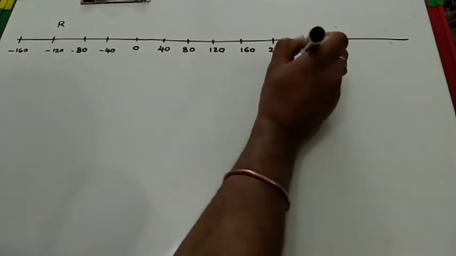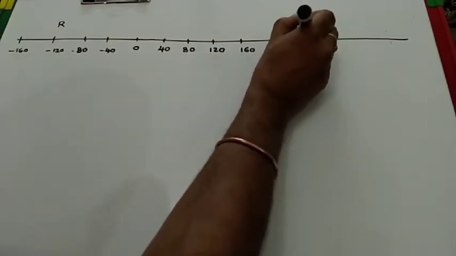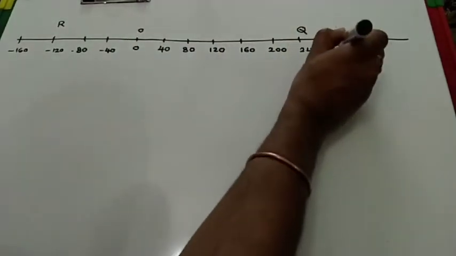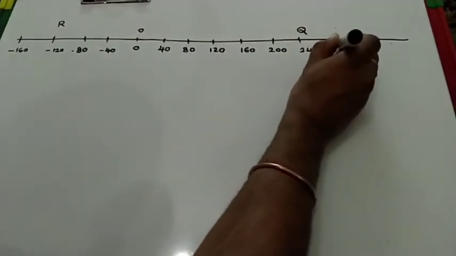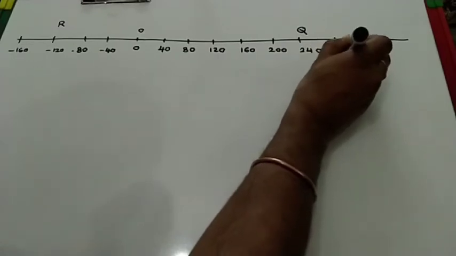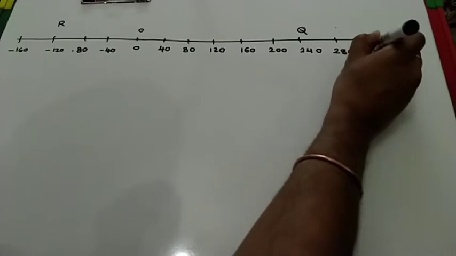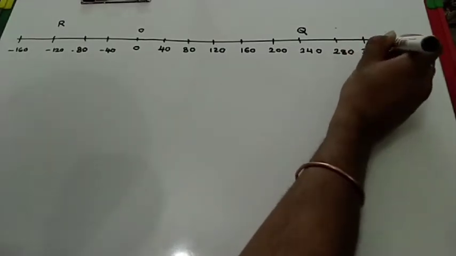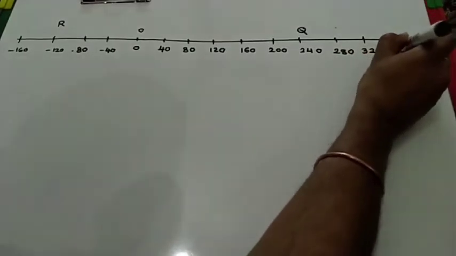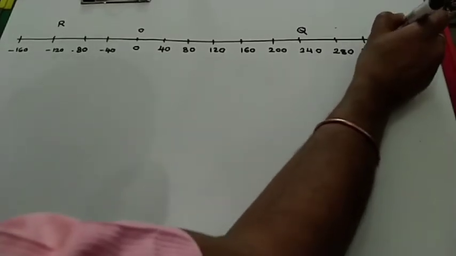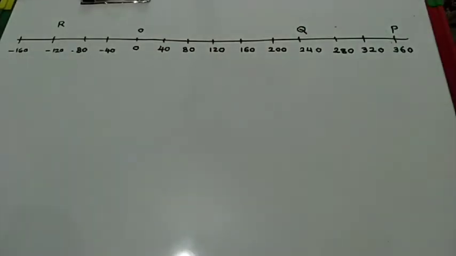Consider 240 as point Q. Consider O as the origin. Then 280, 320, and 360. This 360 is point P.